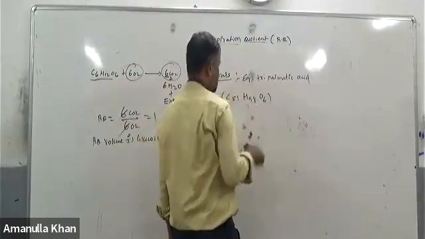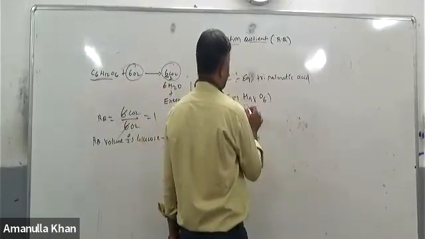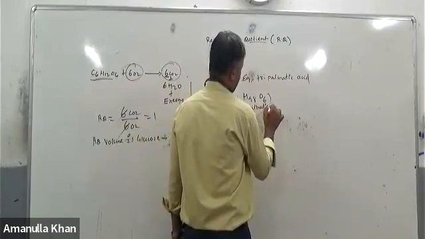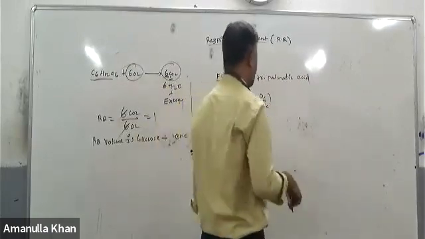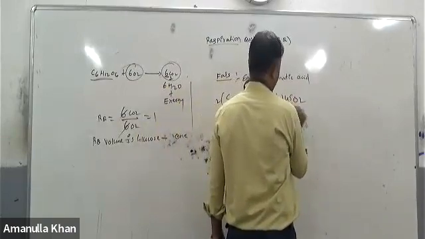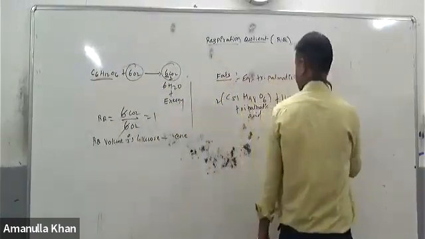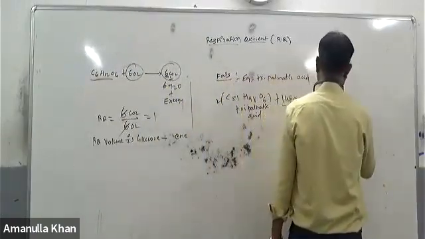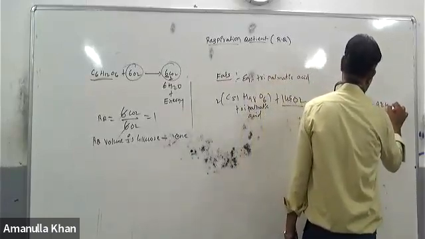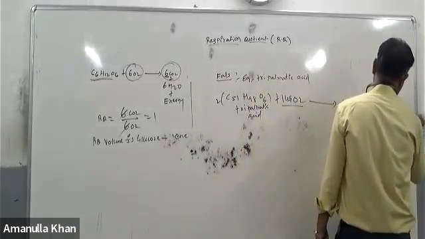Two molecules of tripalmitic acid are oxidized in the presence of 145 molecules of oxygen and release 102 molecules of carbon dioxide plus 98 molecules of water, and some amount of energy is released.